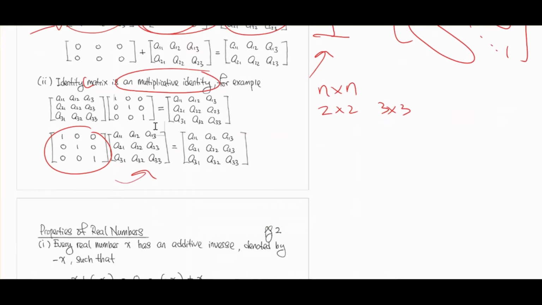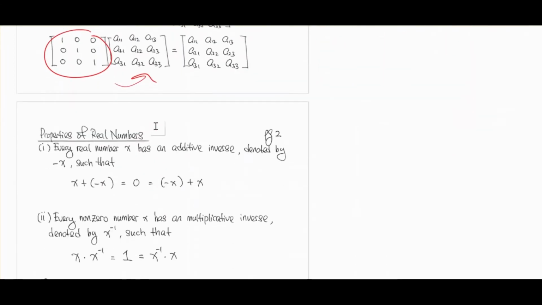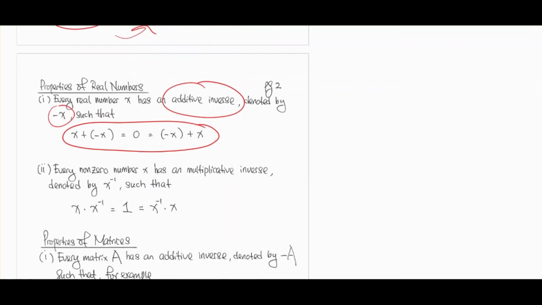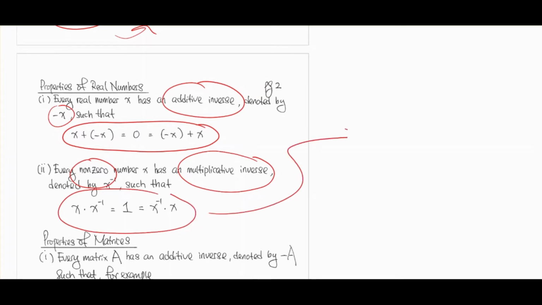Okay, so we also have the concept of the additive inverse. The additive inverse for numbers is the number that is like this, so they have this property. And for every non-zero number, we also have something called a multiplicative inverse. The multiplicative inverse is something that looks like this. So for example, 2 has a multiplicative inverse.